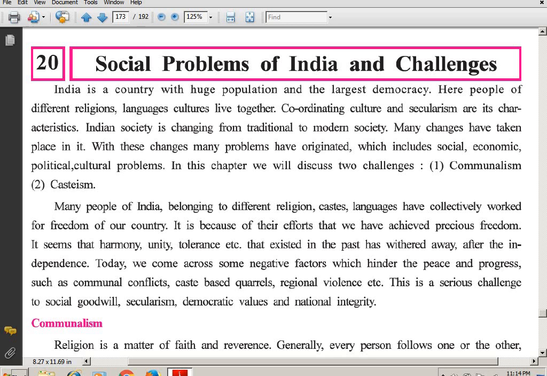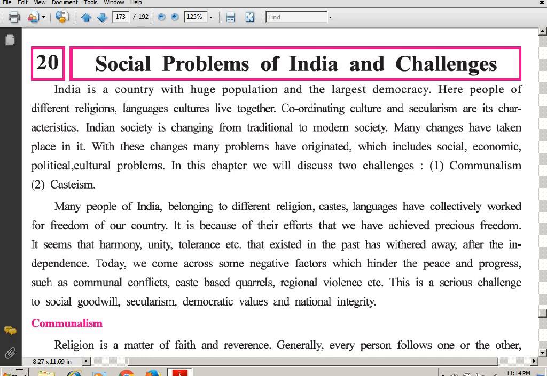So students, our country is a big country with a huge population, and one of the largest democratic countries. We have the largest democracy in India. Here people of different religions, languages, cultures live together. There is no doubt in that. Ours is a multi-religious, multicultural, multilinguistic country.